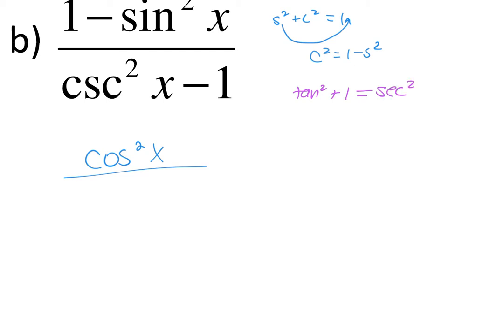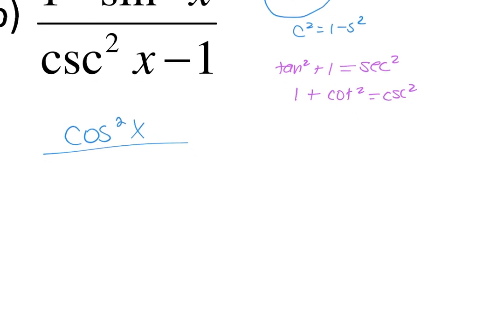So what's the other one? 1 plus cotangent squared equals cosecant squared. The C's go together, if it helps you remember it. Cotangent and cosecant go together. So cosecant squared minus 1 is cotangent squared.